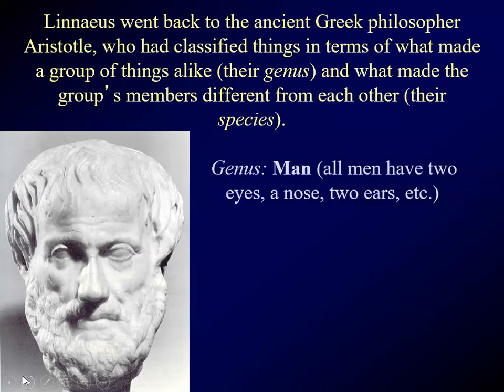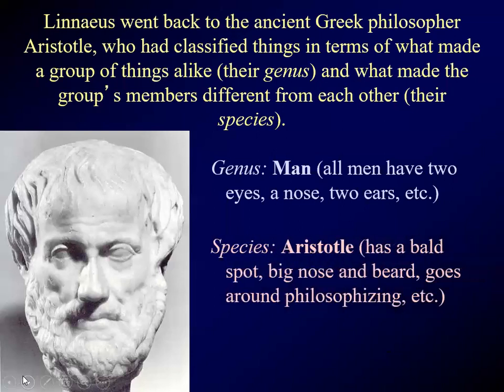And I can't remember the Greek words that Aristotle used, but his word for the features that all members have in common was genus. So Aristotle's genus is humanity, because all members of humanity have 2 eyes and a nose and 2 ears and so on.